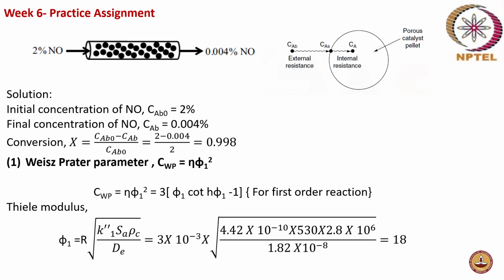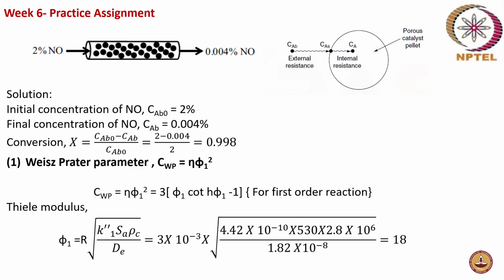Now let us look into the formula for the Weisz-Prater parameter. It is given by eta into phi 1 square, which is equal to 3 into phi 1 cot hyperbolic phi 1 minus 1 in the case of a first order reaction. Should we really substitute into this formula, or can we directly find the value of eta, the internal effectiveness factor?